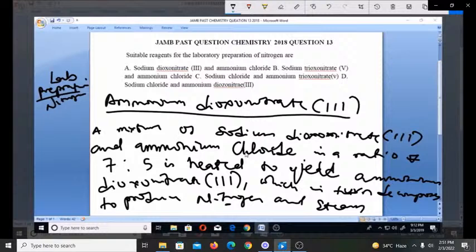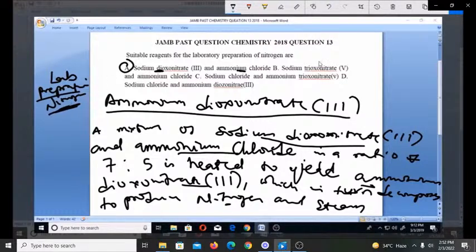So you can see here we have sodium dioxonitrate 3 and ammonium chloride, and that makes option A the right answer, because the mixture in the ratio of 7 to 5 produces ammonium dioxonitrate 3, which decomposes to give nitrogen and steam. So that is the laboratory preparation of nitrogen, and you can find this under nitrogen and its compounds.